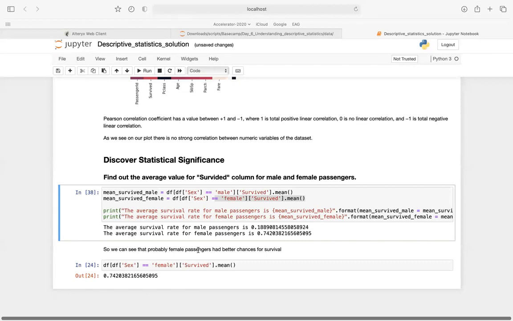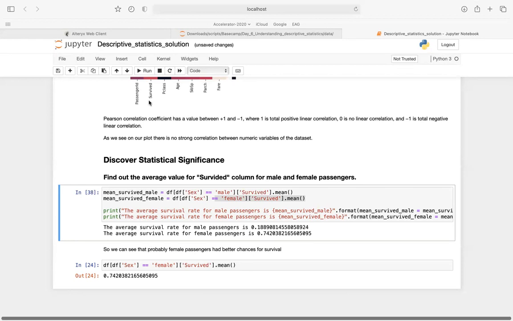So it is clearly visible from the data that the female passengers were in luck and they had a better chance of surviving. Right? So it is just another part of doing a data analysis. We call this EDA. I have used this term before.